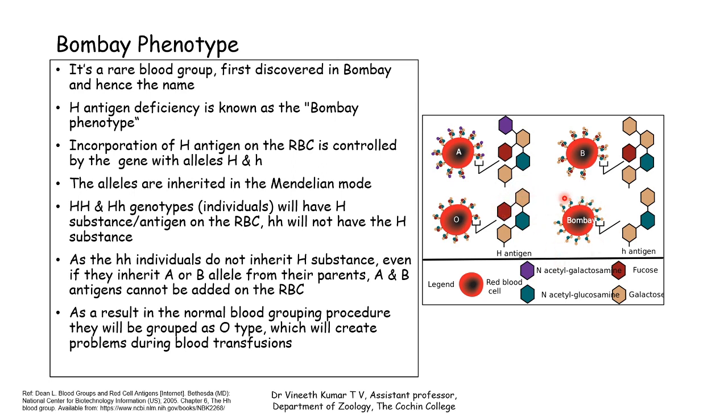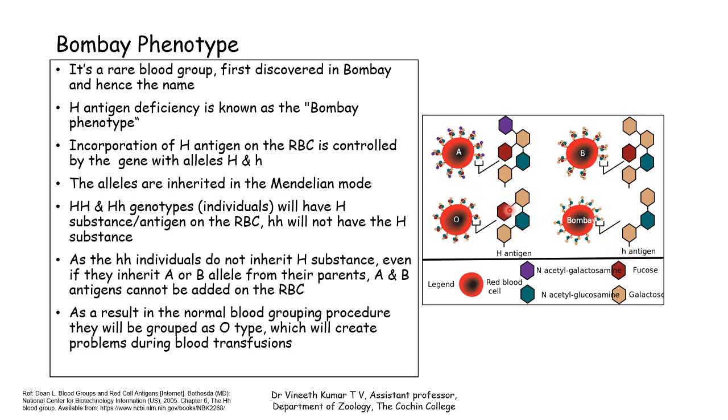So now we'll see this particular thing, which is called a Bombay type of blood group. In Bombay type of blood group, you call it an H antigen deficiency. It is not a complete H substance deficiency. H antigen deficiency in the sense that you have the H substance, but the gene for the H substance is recessive here.